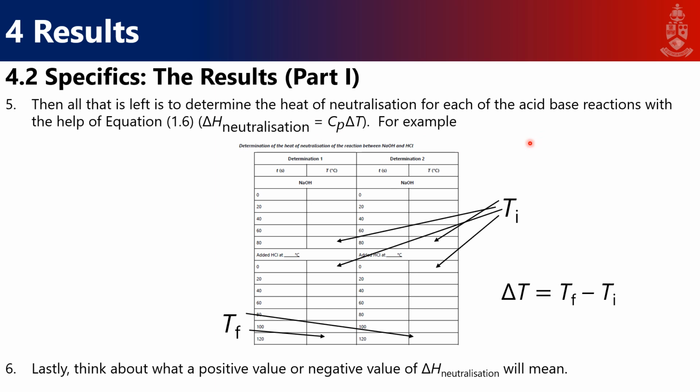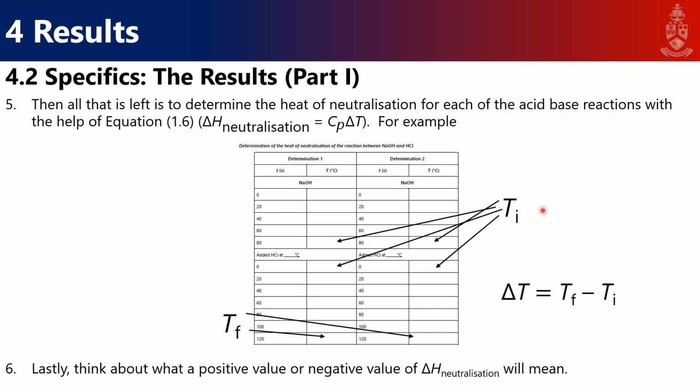My last thing that I want you to think about is, remember, what is a positive or negative value for heat of neutralization? What does that mean? Exothermic, endothermic. That is your discussion. Which one implies which? You won't necessarily discuss that in the results section, but keep in mind what you expect and what you saw.